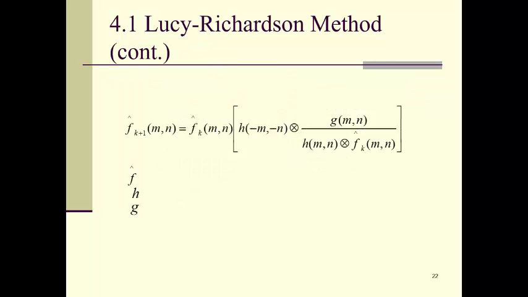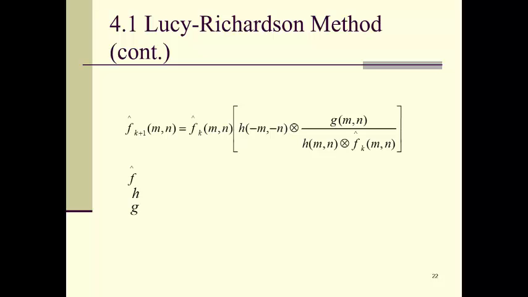So, this is the equation that we have. I don't want you to memorize this equation. I want you just to know it. It's nice too. So here, f of k plus 1 of mn is equal to f of k of mn multiplied by this h, which we call the defect function.